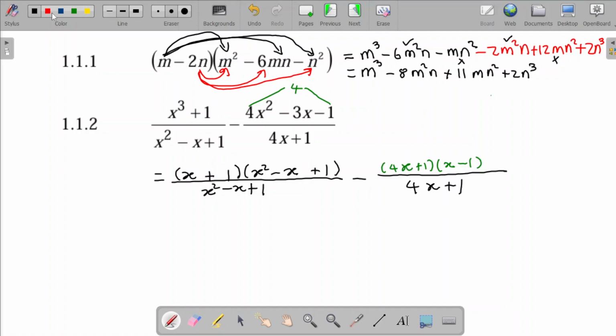From here hopefully people can see that these cancel, and these cancel since they are the same, and then I'm going to be left with x plus 1, minus the bracket x minus 1. Then from there I have x plus 1, you open the bracket, which is going to be minus x, open the bracket, which is going to be plus 1. x and x cancel each other, 1 plus 1 is 2.